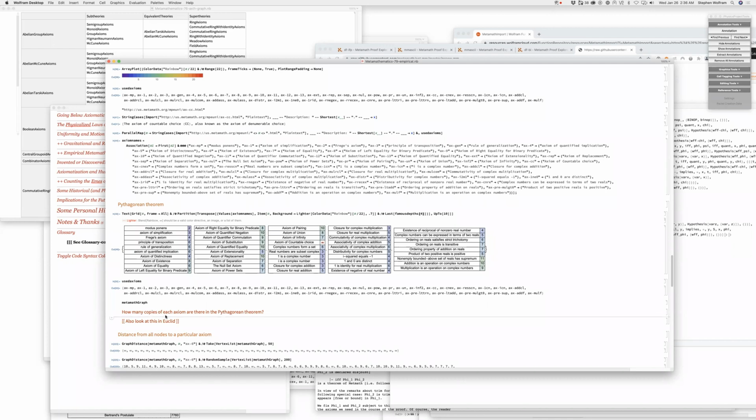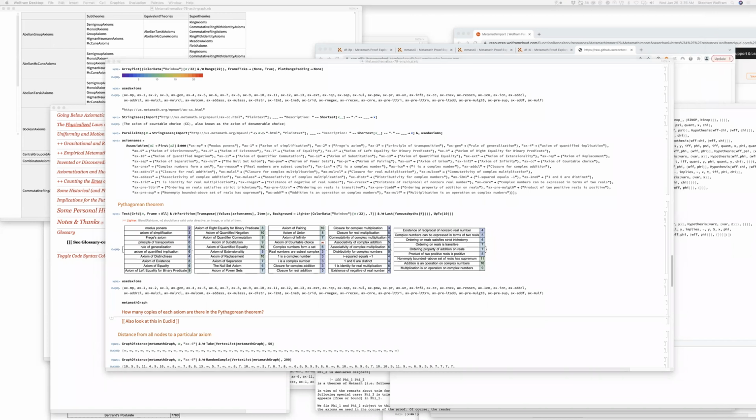We go through, trying to find that theorem. Eventually it's going to visit all the axioms, with certain depths to visit them.